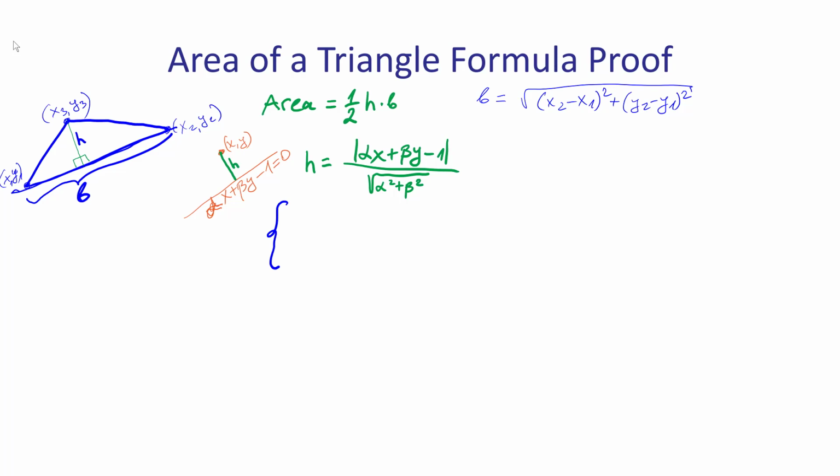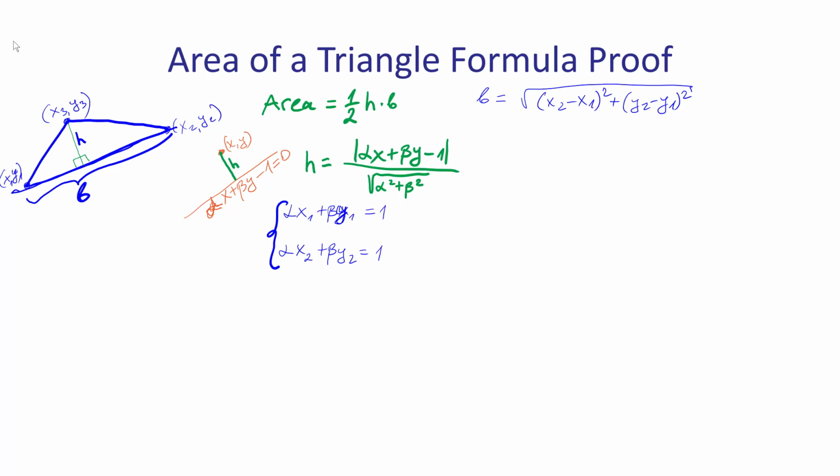Those equations will be alpha x1 plus beta y1 equals 1, because this is the equation of the line, and it should pass through the point x1, y1. And similarly for the second point, x2 and y2, alpha x2 plus beta y2 should be equal to 1. So it's passing also through the second point.